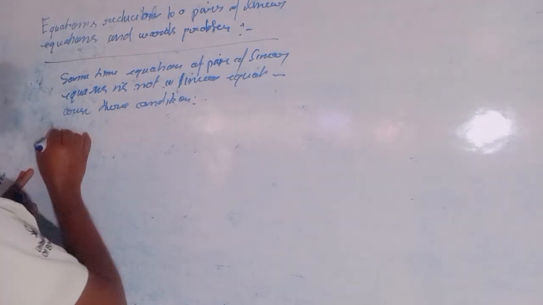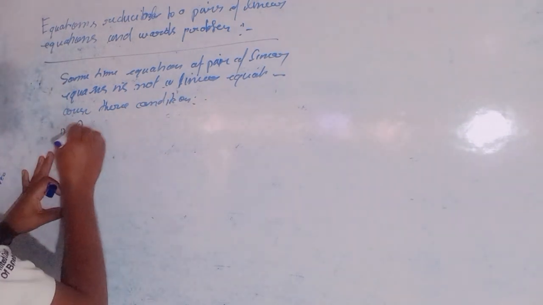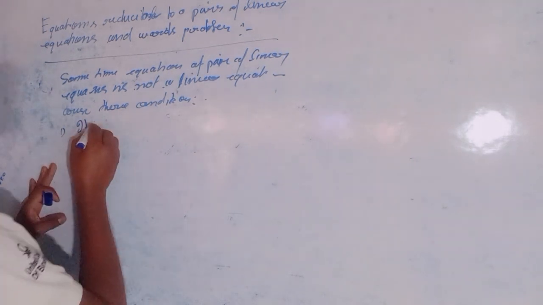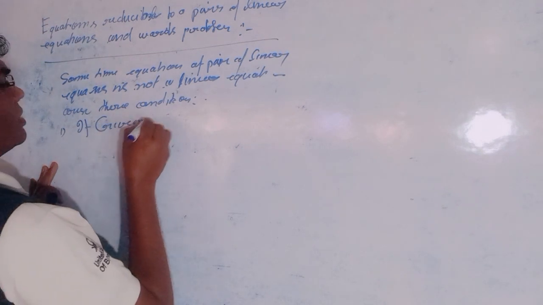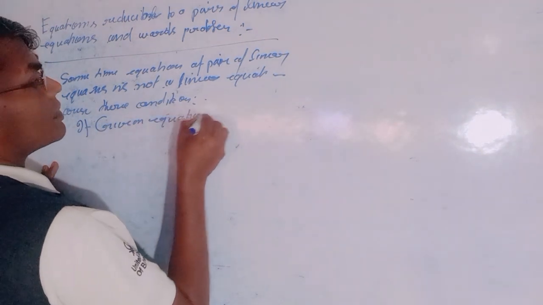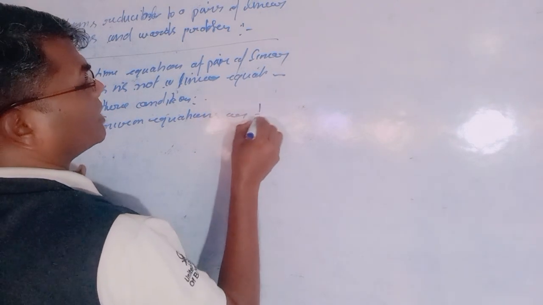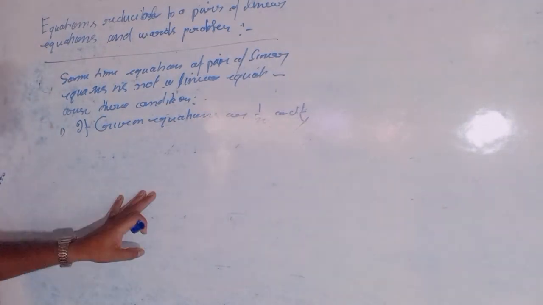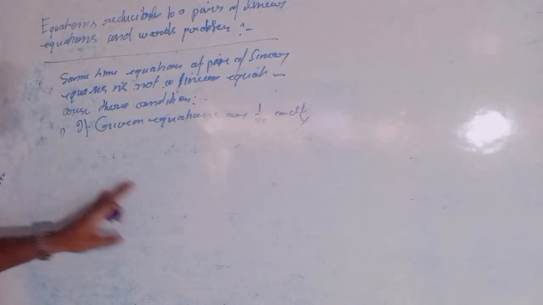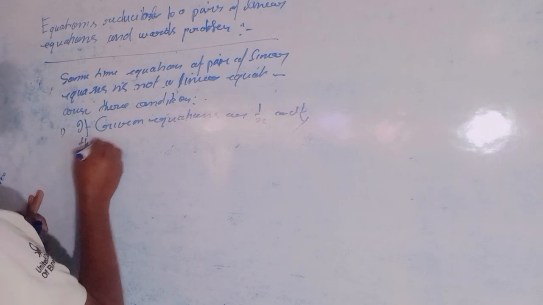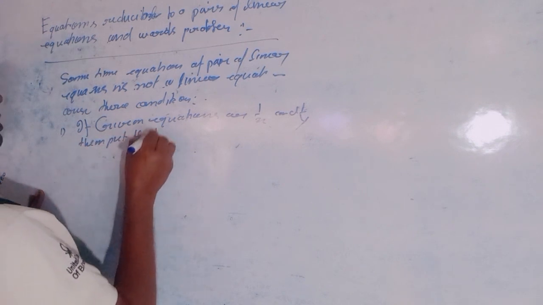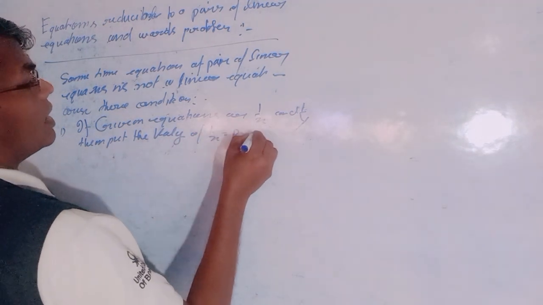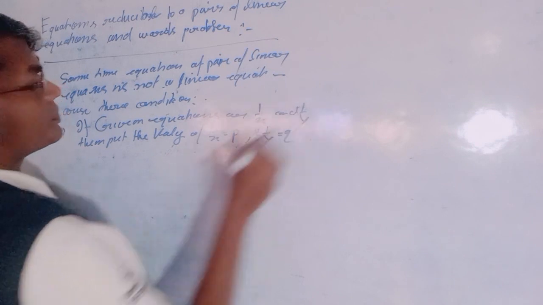The first condition: if the given equations are 1 by x and 1 by y, then we put 1 by x equal to p and 1 by y equal to q.